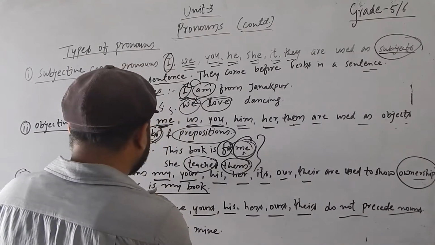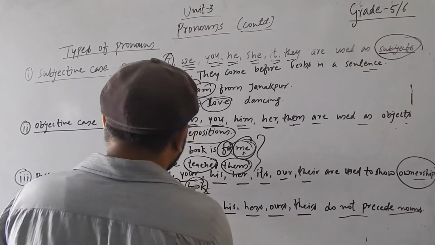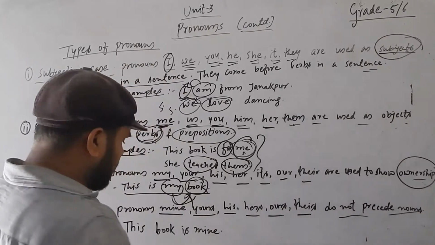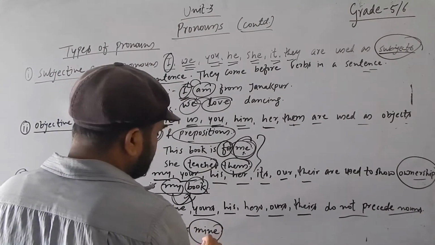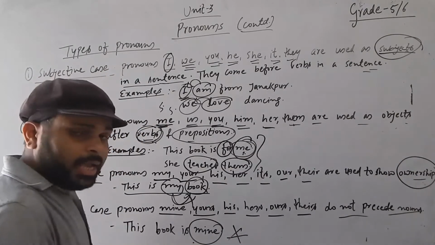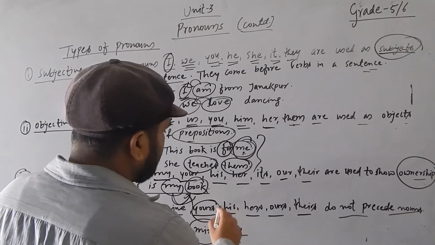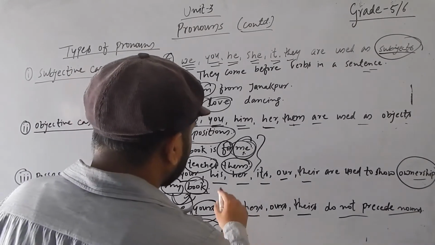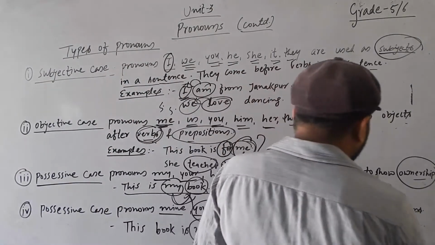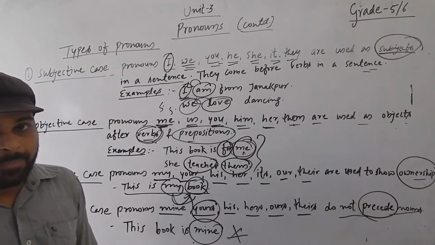Here, this is my book. My book is preceded by a noun, but this is not preceded by any noun. So mine, yours, his, hers, ours, theirs do not precede nouns, while my, your, our, their are the cases that precede nouns. Okay.